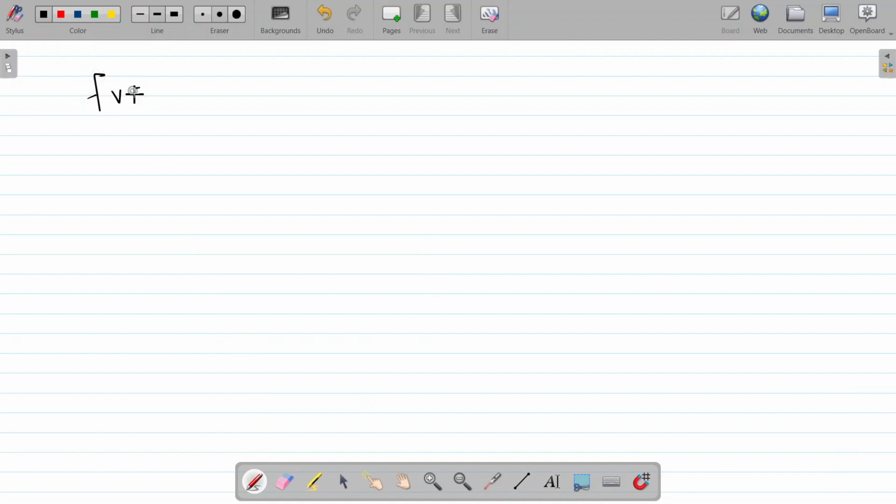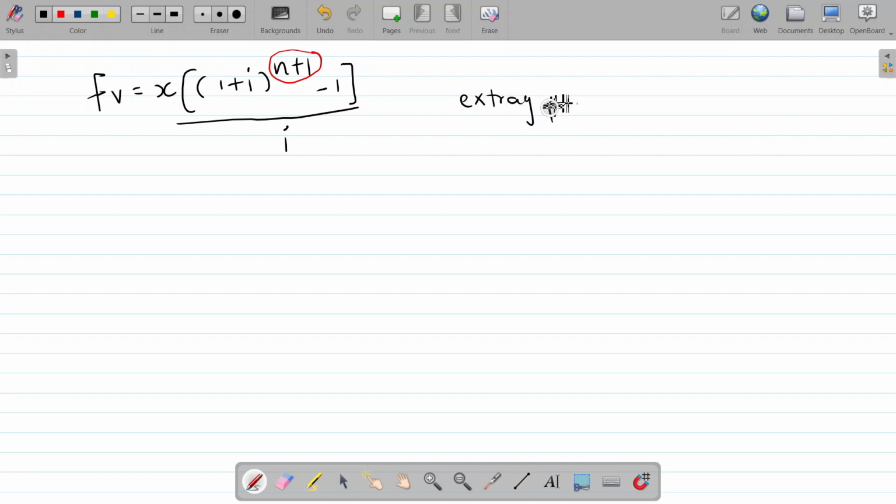The third one is the future value equals X times (1 plus I to the power of n plus 1, minus 1) all over I. Notice that over here, instead of just n, we have an n plus 1, meaning that you have an extra payment. This is the scenario where you have an extra payment.